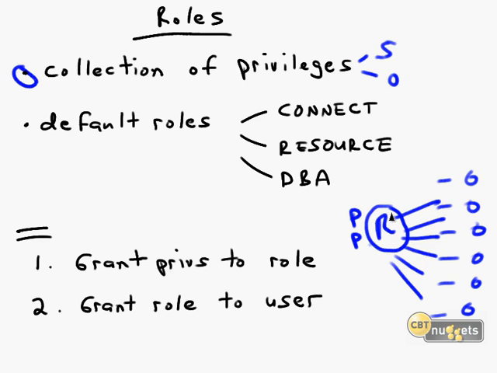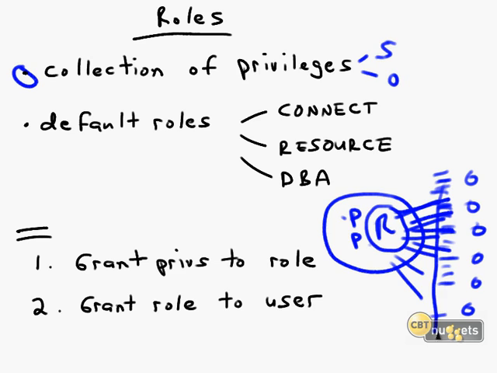So if you have 5 or 6 grants per user, do you want to run those 5 or 6 grants per user and then manage those over time if you need to, say, revoke one of those privileges? Or would you rather have a one-stop shop, namely the role, where you can grant or revoke once, and once you've granted the role to each user, you don't have to mess with each user henceforth. You can make adjustments only to the role. I hope you understand what's going on there.